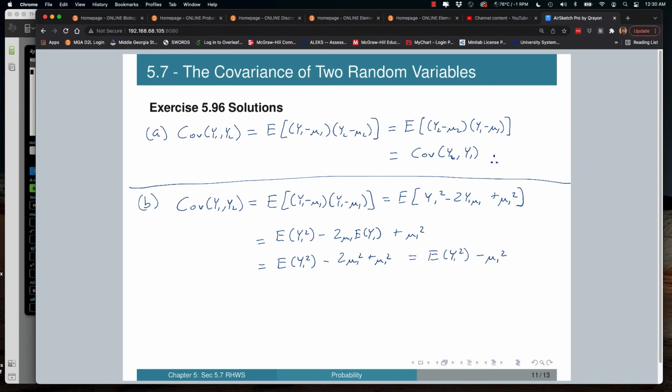Well, mu sub 1 squared can be rewritten again to be the expected value of y sub 1 quantity squared, which looks an awful lot familiar to us at this point, right? Which is just the variance of y sub 1. And that's the end of that one. So that was it. Two simple little proofs, but they're worth doing, and I think they're good little proofs.